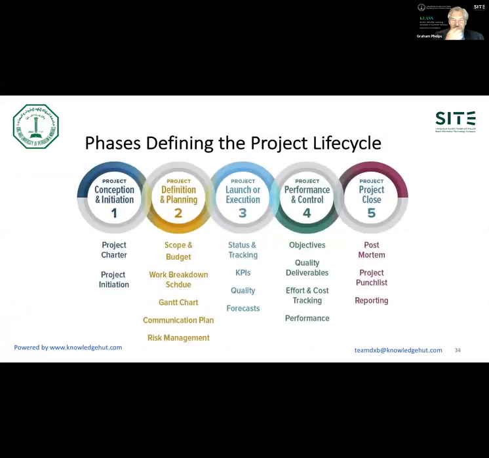Now, let's look at this and summarize this in more detail before we go for a break. At the beginning of a project, what you need is a charter. You need something that defines not just what the project is in terms of its deliverables, but how it will be run.